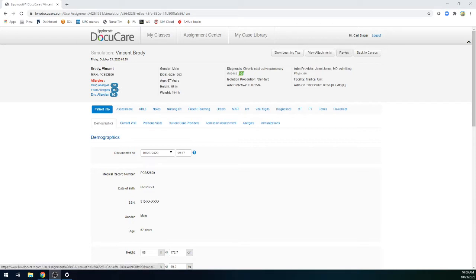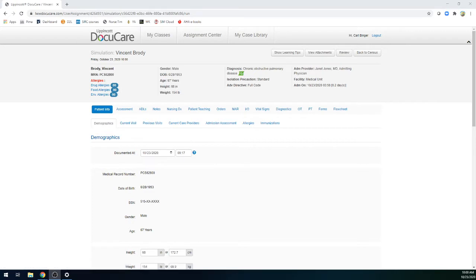You do have the review, so you can look at what the grading rubric looks like. I suggest opening that up and printing out the rubric so you have it with you while you're documenting, because I'm going off that rubric just like I would if I was doing a chart audit. So you're making sure you're getting everything charted.